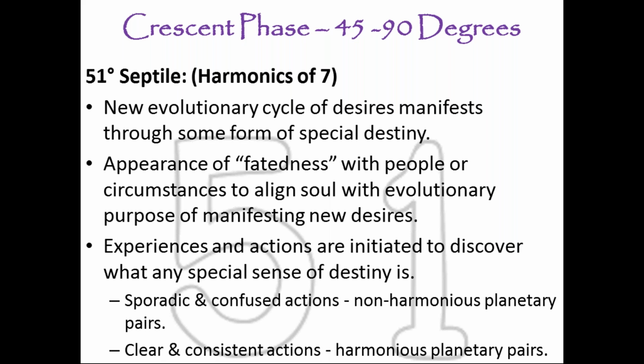When we have that appearance of fatedness or realignment, it creates this sense of a special destiny. There's something within my desires that I am here to align, to manifest, to create, to bring into being.